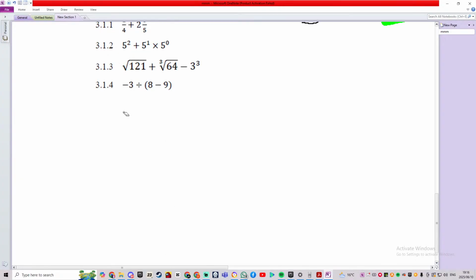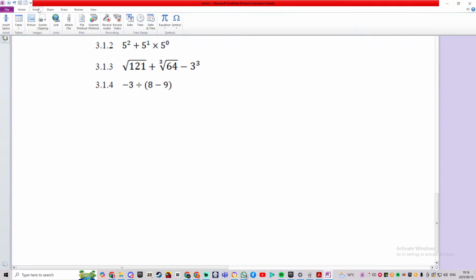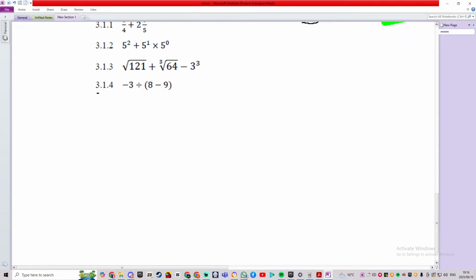Okay, let's have a look at 3.1.4. We have minus 3 divided by 8 minus 9. Now, we know that according to Bodmas, we divide first.